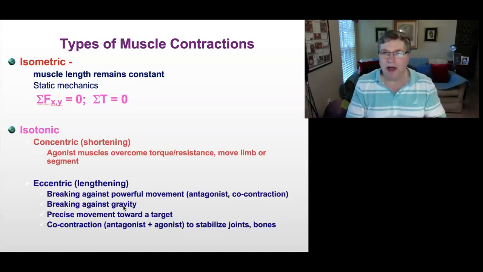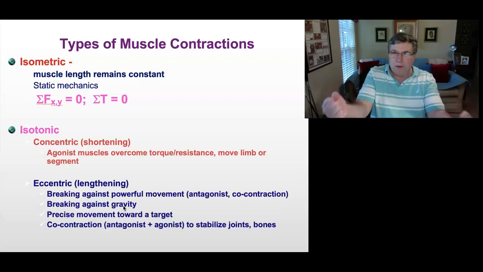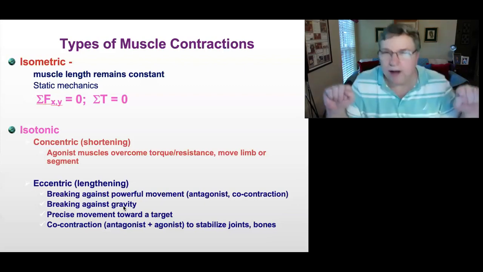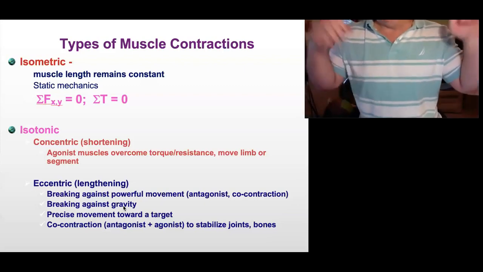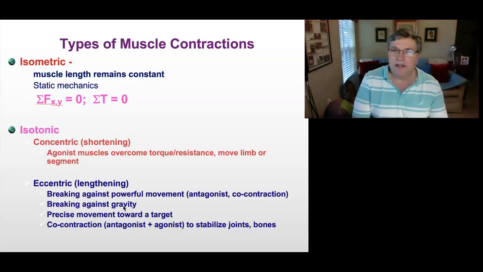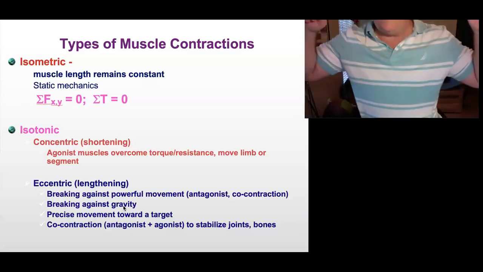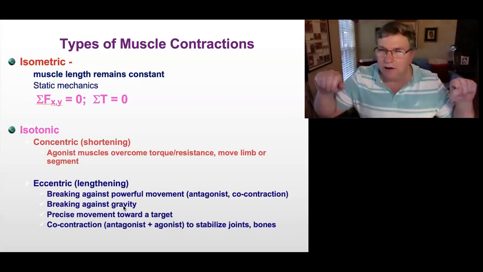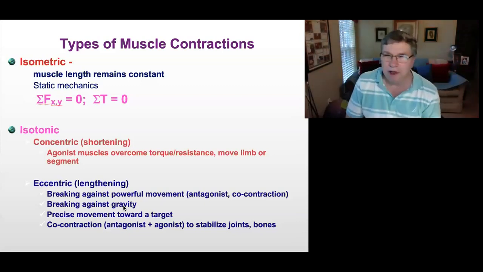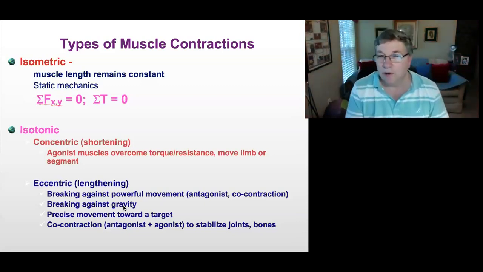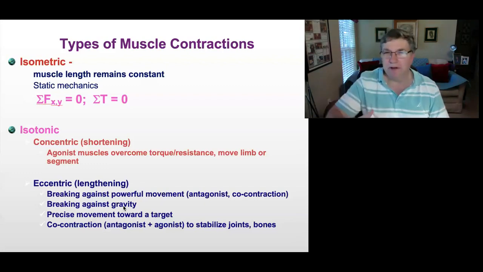Eccentric, lengthening contractions happen when you're letting a weight down. So when you're doing a squat exercise on the way up, you're contracting the hip extensors, knee extensors, plantar flexors. On the way back down, you don't need to recruit the hip flexors and knee flexors and dorsiflexors that much because gravity's pulling you down.